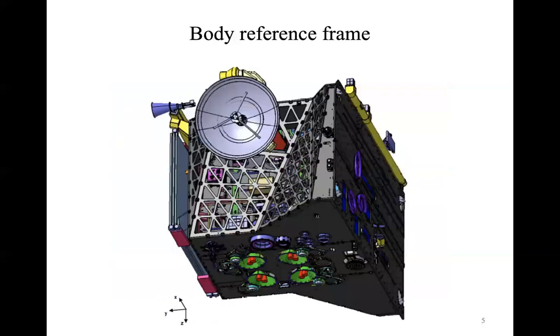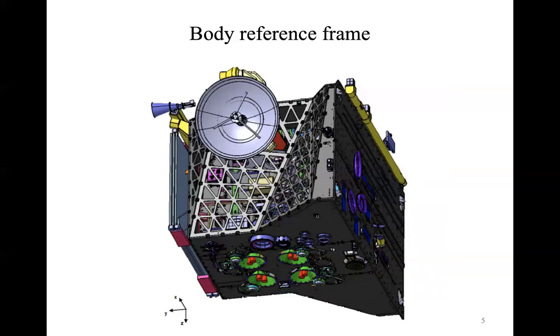The other reference frame that we have to take into account is the body reference frame, which is related only to the design of the spacecraft. You have the information of the center of mass of the spacecraft, and you choose the body frame so that all the axes correspond to the principal axes of the body.